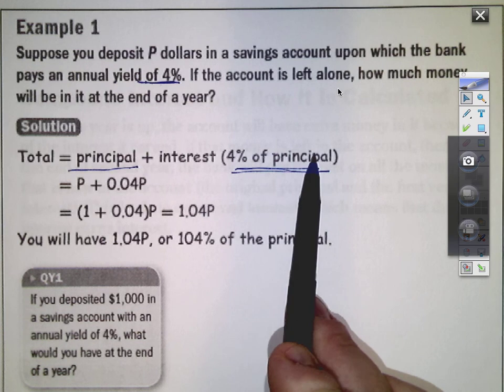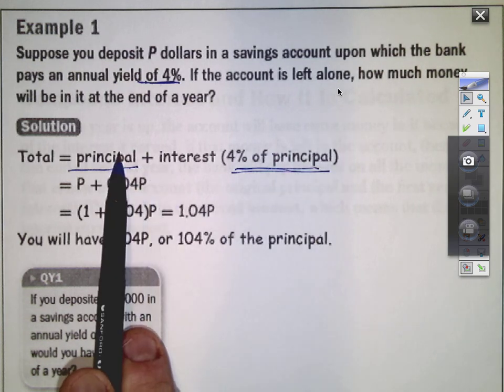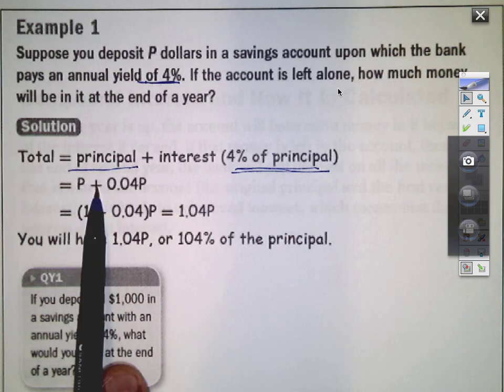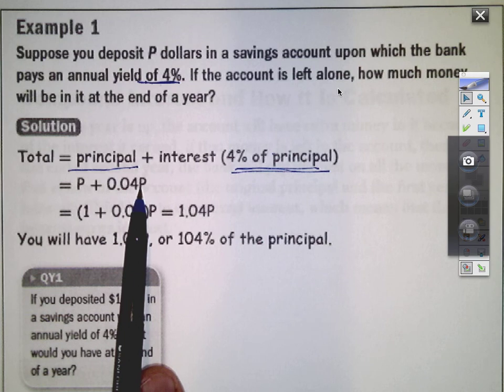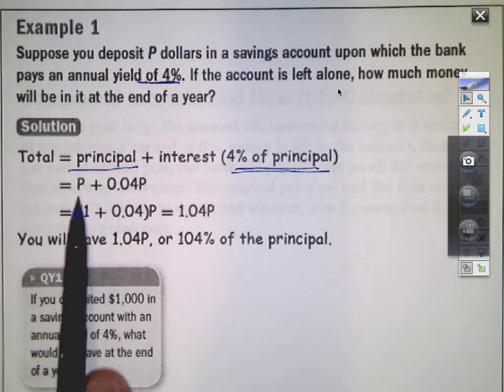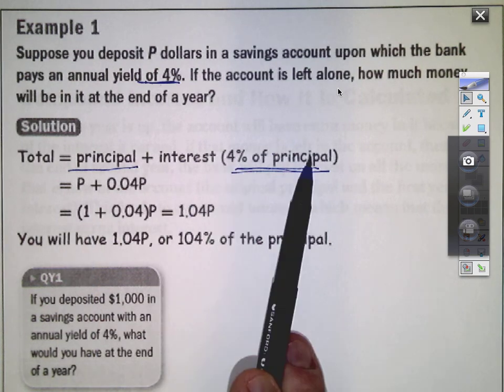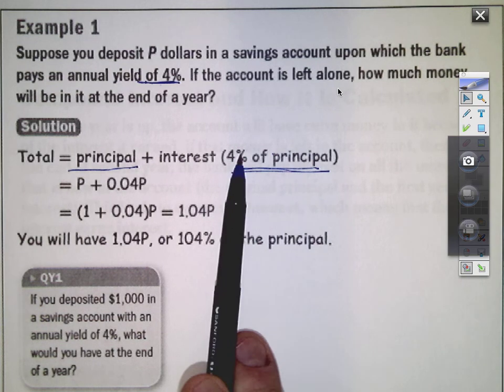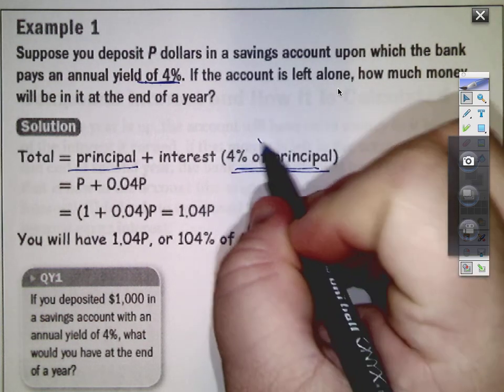Well, if interest is 4% of the principal, we have to take P, which is principal, plus principal times 0.04. Because we still have our principal, we're keeping the money that we put in there, but we're gaining interest. Interest is 4% of the principal. How do you find 4% of the principal?